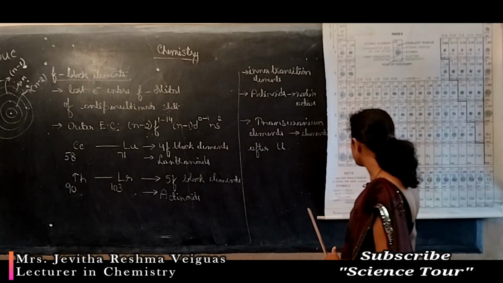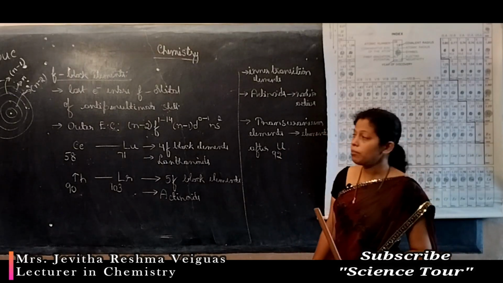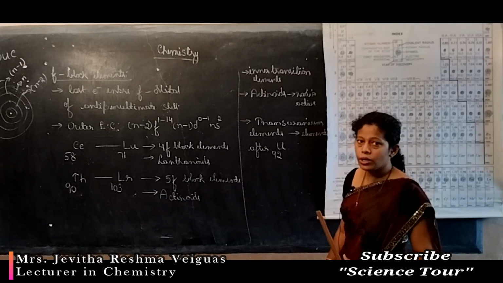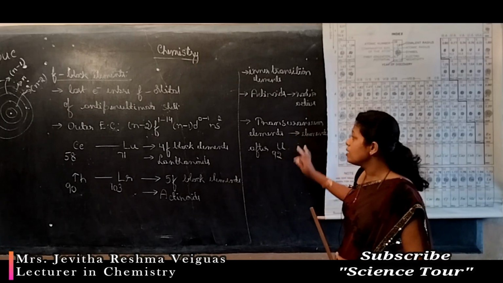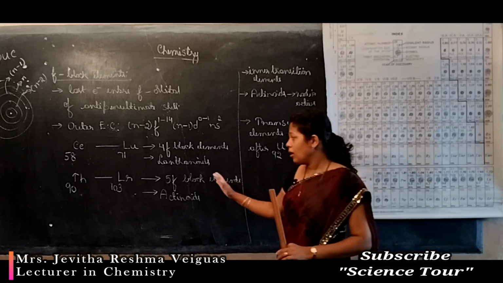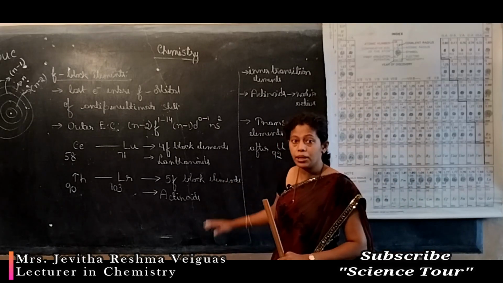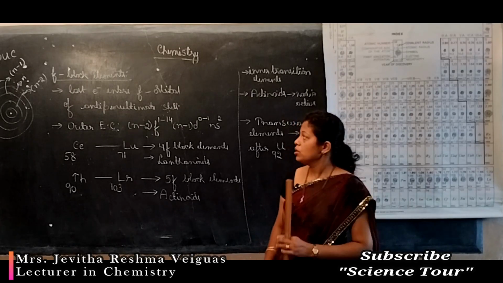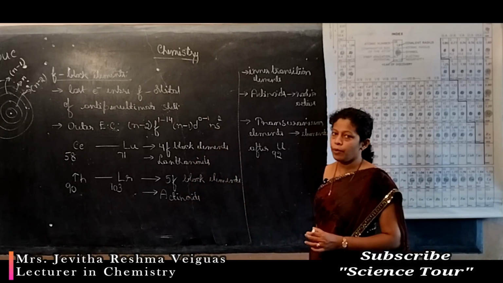The uranium symbol is capital letter U, whose atomic number is 92. The elements which come after this are radioactive. They are used in radioactive research and the manufacture of bombs. These are transuranium elements. Here, most lanthanoids are not radioactive, but most actinoids are radioactive. So these are the elements which belong to F block elements.